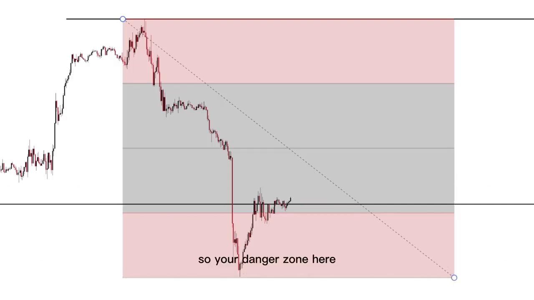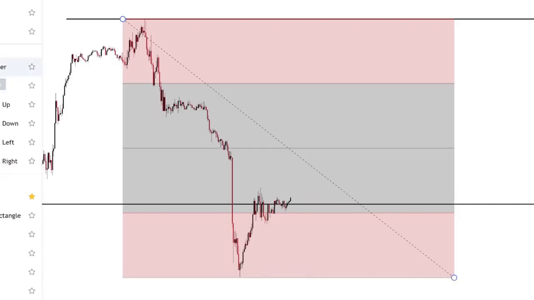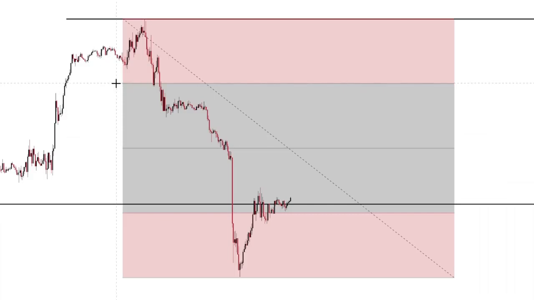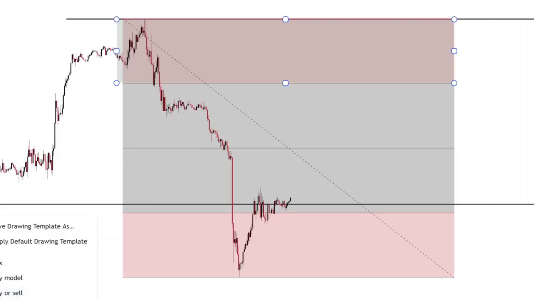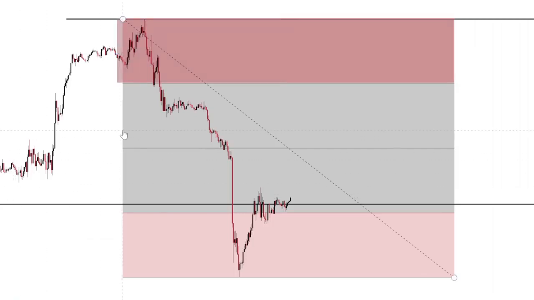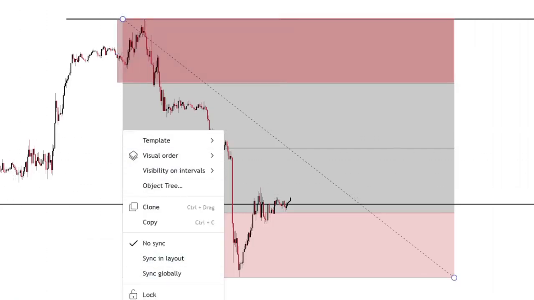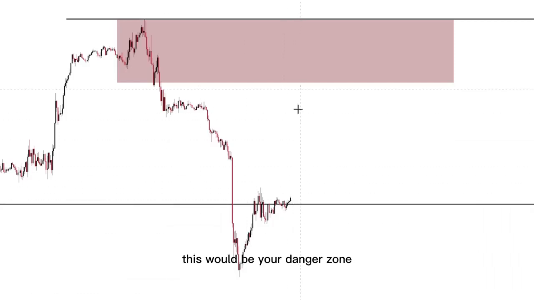So your danger zone here, this would be your danger zone.